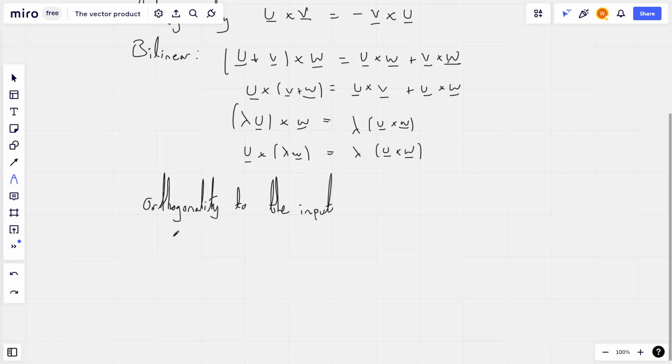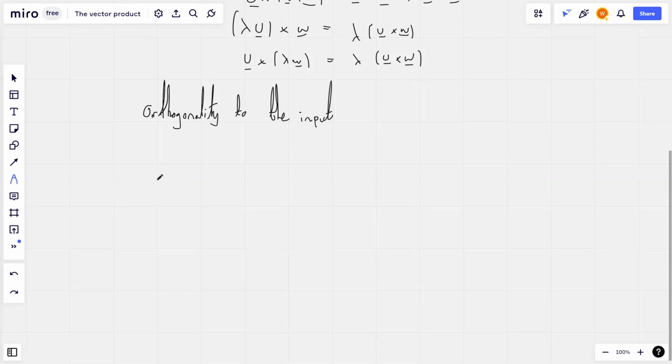So if we recall our consequences of the scalar product video, we know that if we have a dot b equal to 0, then that means that the angle between them is pi over 2, i.e. these are orthogonal to each other, they're perpendicular.